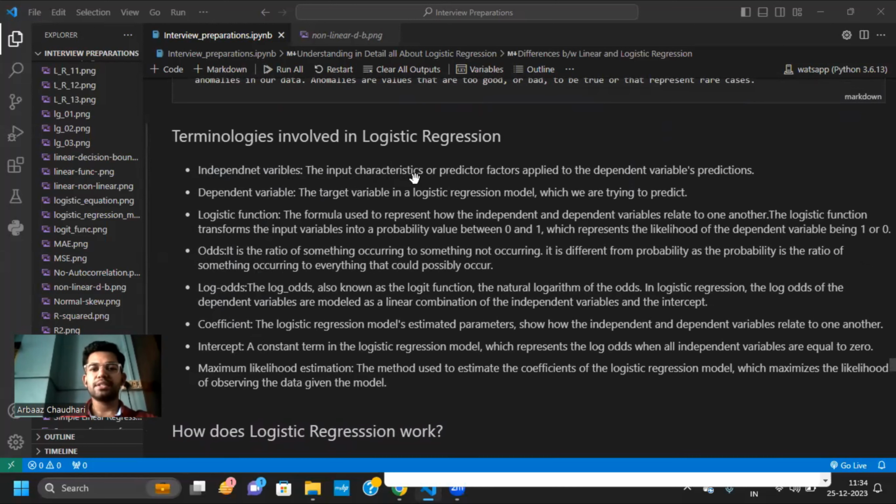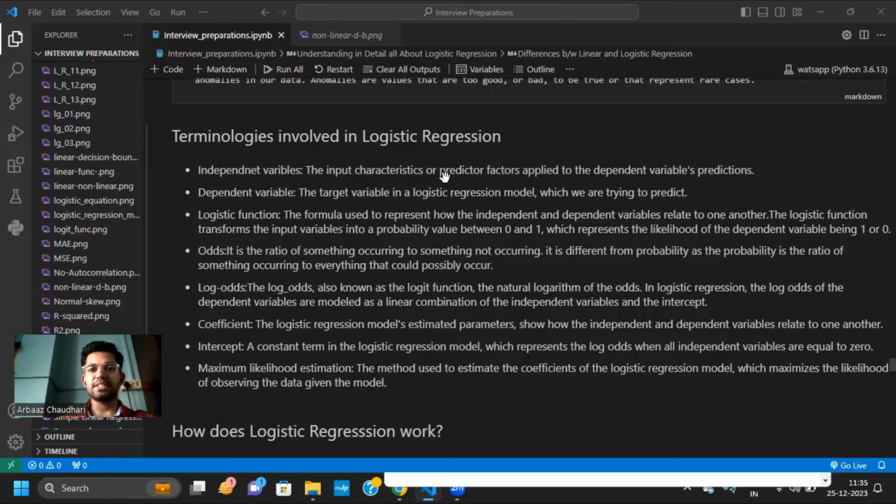The input characteristics or predictor factors applied to the dependent variable prediction. So independent variables are our x1, x2, x3, which are contributing to find out what is the y value.